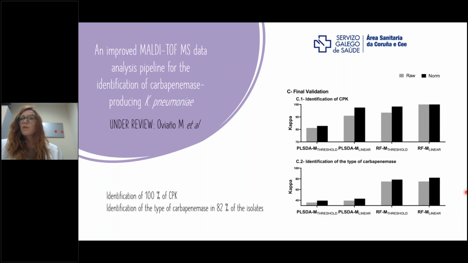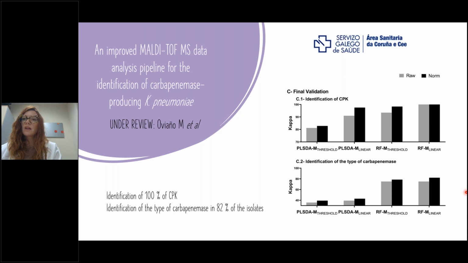In this line, we tried to perform a different analysis to see if, instead of just specific mass peaks, using the whole spectra could help us better in differentiating bacteria carrying carbapenemases. And we found that using machine learning algorithms and the whole proteome could really help in differentiating these bacteria.